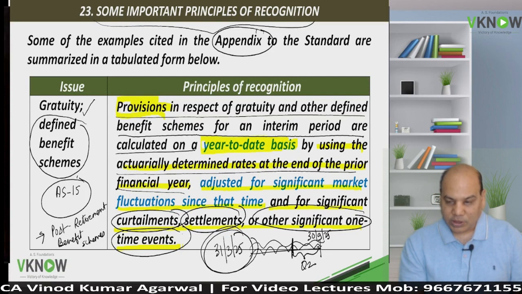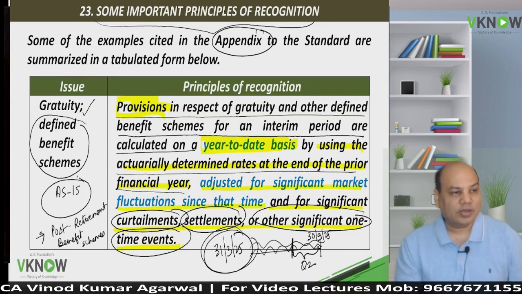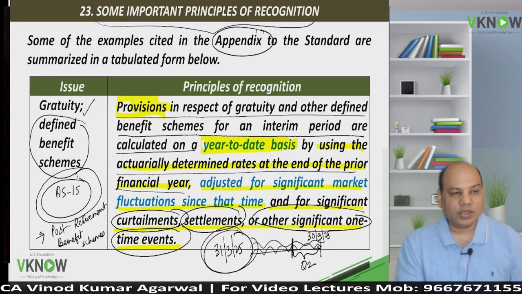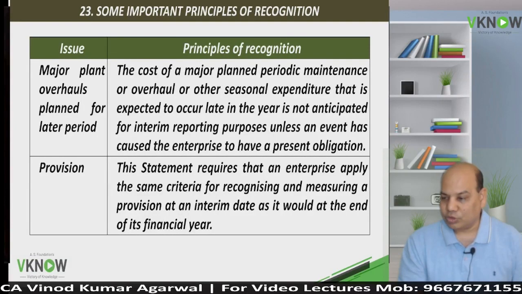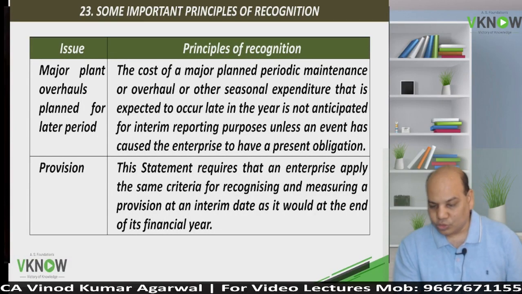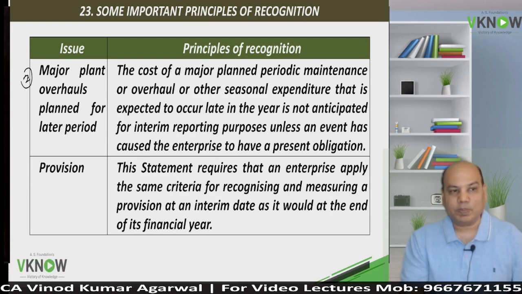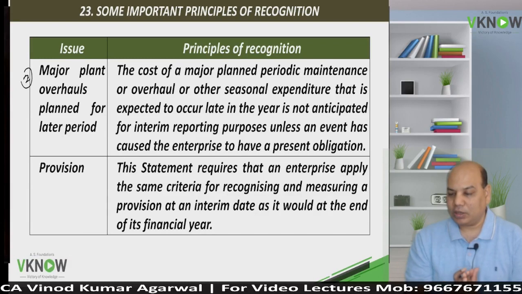Sir, what do you mean by curtailment, settlement, defined benefit scheme? You have to read AS 15. AS 15 is already covered, so you may like to revise it. Now we'll come to the second type of special adjustment, which is called major planned overhauls planned for a later period.